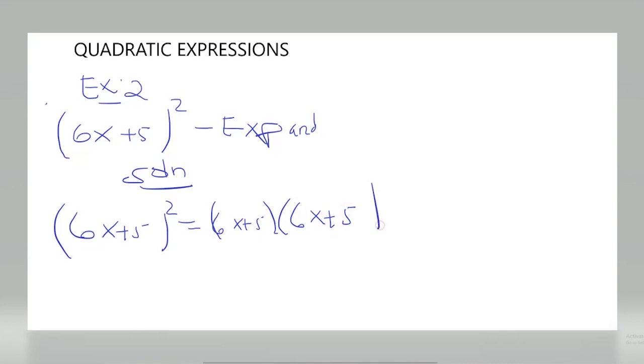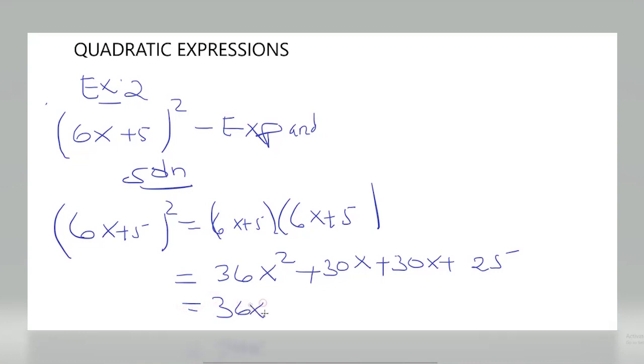Now this will be equal to 6x times 6x, which is 36x squared, then 6x times 5, which is plus 30x, then 5 times 6x, which is 30x, then plus 5 times 5, which is 25. Then this will be equal to 36x squared plus 30x plus 30x, which is 60x, then plus 25.